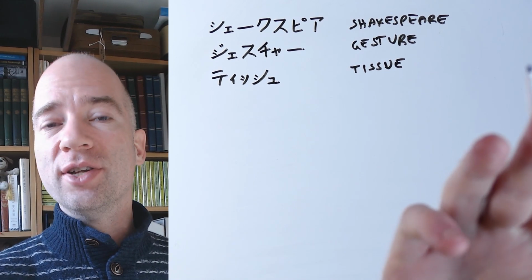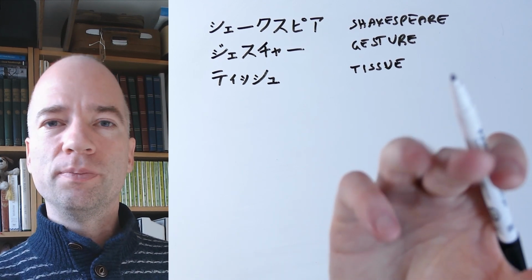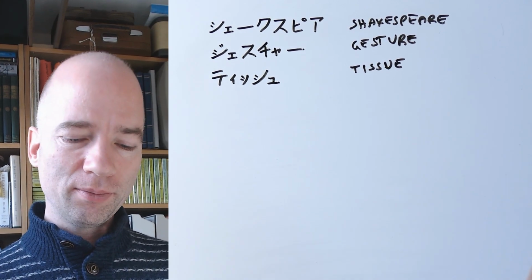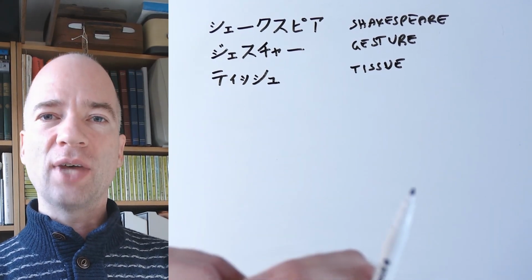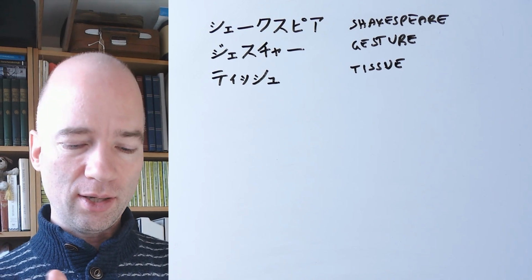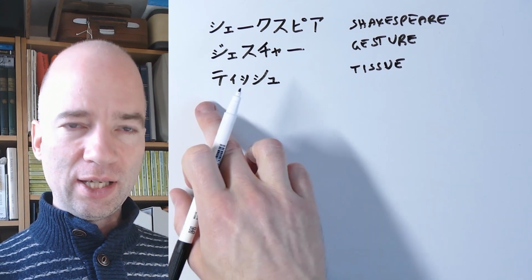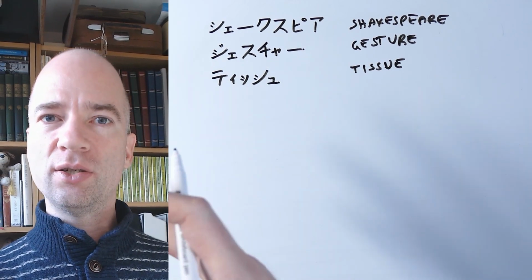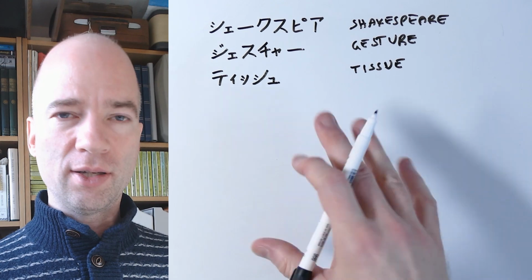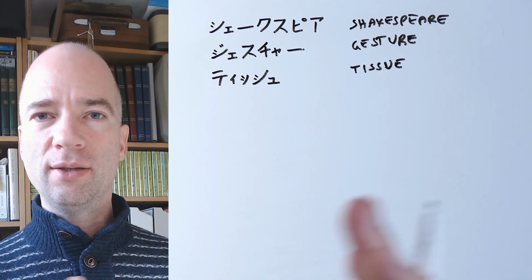The word for bed, for instance, beddo, beddo. Whereas with a continuant, that is a sound that can be pronounced over time, like s and sh, then it becomes tissue. The s is pronounced all the way through. Tissue. And beddo.